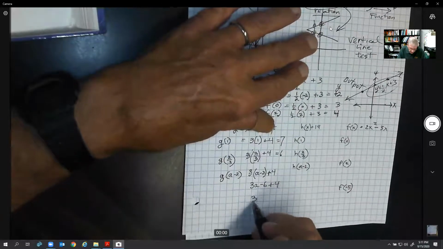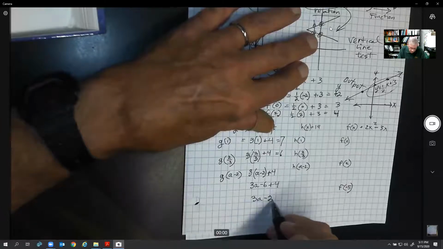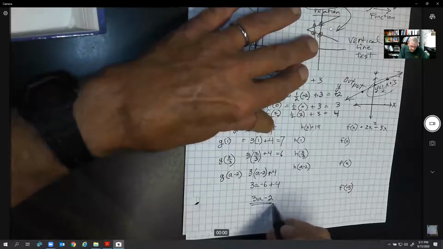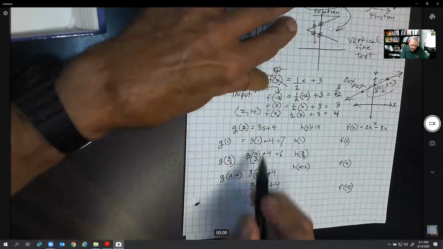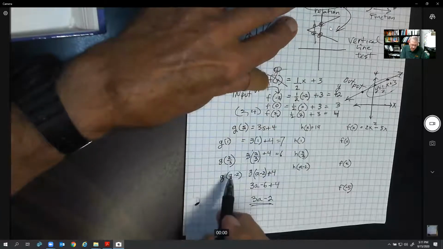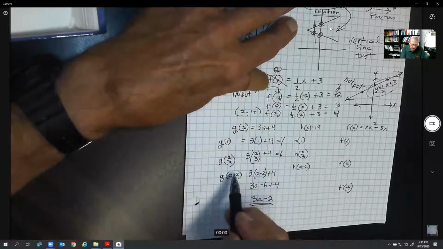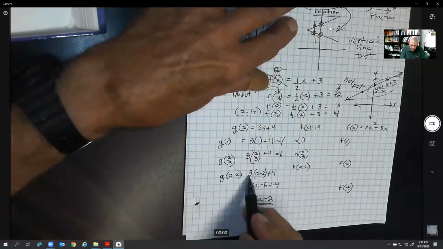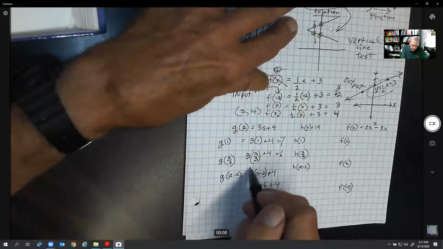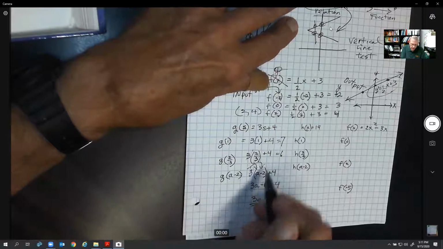So that's 3a minus 2. So there's my answer. When I put in an a minus 2 into the original problem, I'm replacing the s with the whole expression. I can put a whole thing in there. But I want to distribute to both terms. Remember, we're distributing to both of those terms.